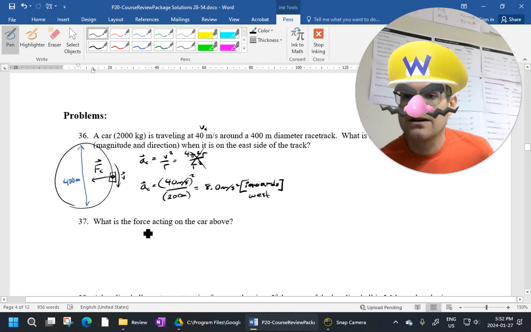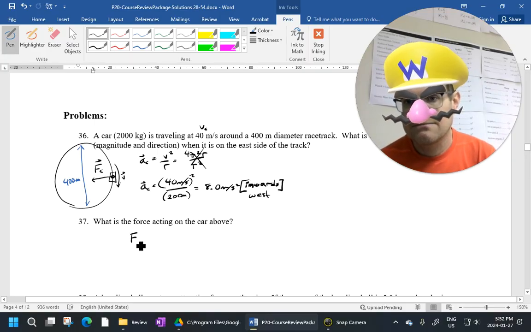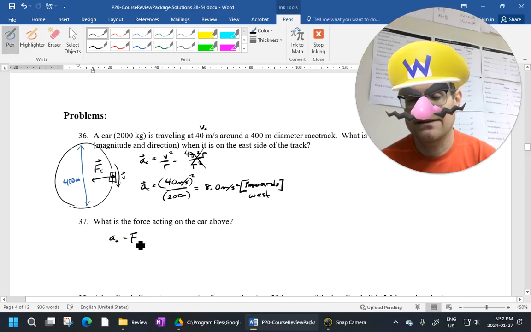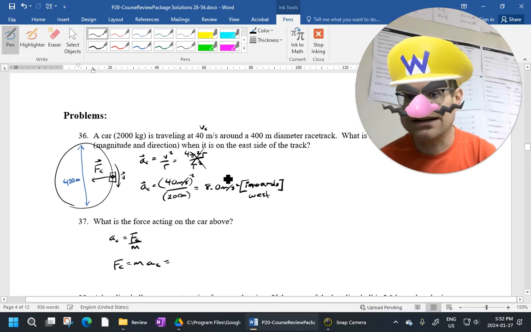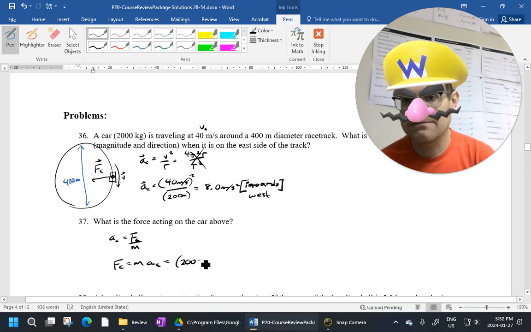Okay. What's the force acting on it? So remember, F net is equal to M times A, but I'm just going to write something else down here. AC is equal to my F net, which is FC divided by mass. So that means my FC is mass times my acceleration, which we found. Acceleration is 8, exactly 8. We got a car that's 2,000 kilograms, so I can put that information into the question.